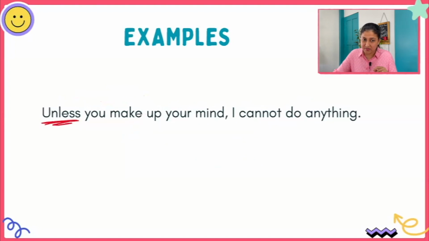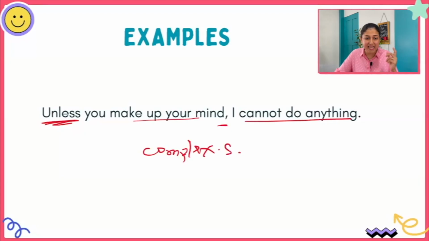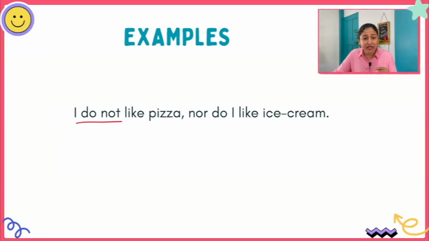Unless you make up your mind, comma, I cannot do anything. A complex sentence, clearly. Next, I do not like pizza, comma, nor do I like ice cream. Okay, easy. A compound sentence.